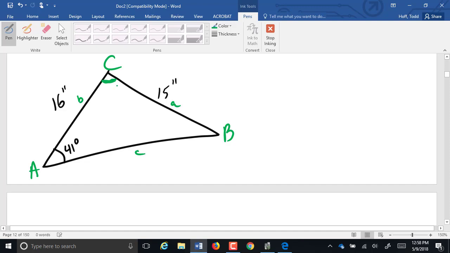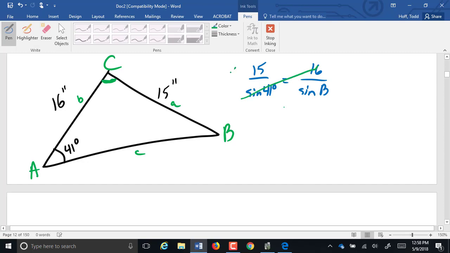That's the angle between my sides. Unfortunately, I can't find that angle directly. I have my 15 over the sine of 41 degrees. My 16 would be over the sine of B. So that's not the angle I want, but if I know it, I can find angle C by just subtracting.